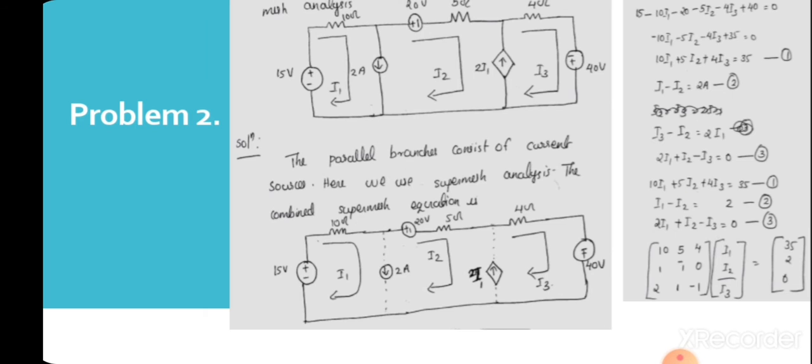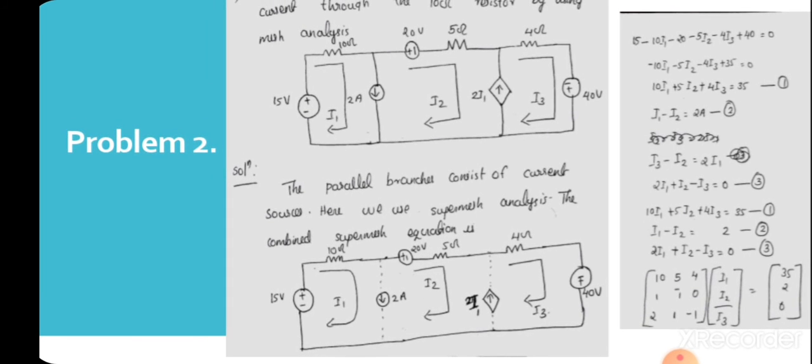So the circuit diagram will be like this, containing 15 volt, 10 ohm, 20 volt, 5 ohm, 4 ohm and 40 volt. And the loop currents are marked as I1, I2 and I3. There is no loop due to the 2 ampere current source and the 2i1 current source.